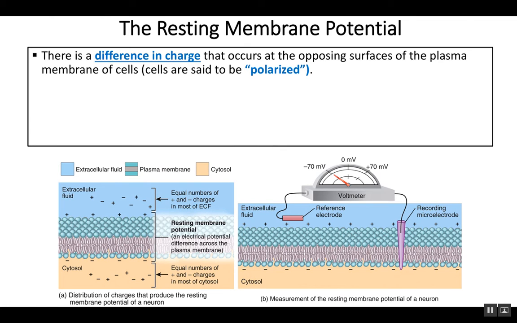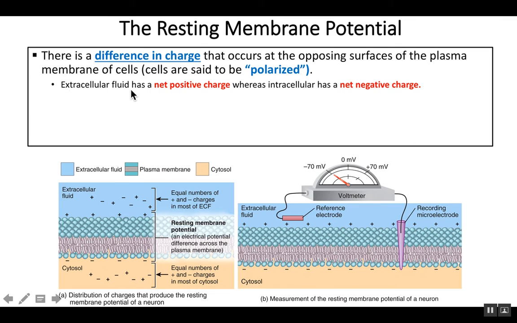This is known as the resting membrane potential, which tells us that there is a net positive charge on the outside compared to a net negative charge on the inside. And the measure of that is negative 70 millivolts when a neuron is at rest.